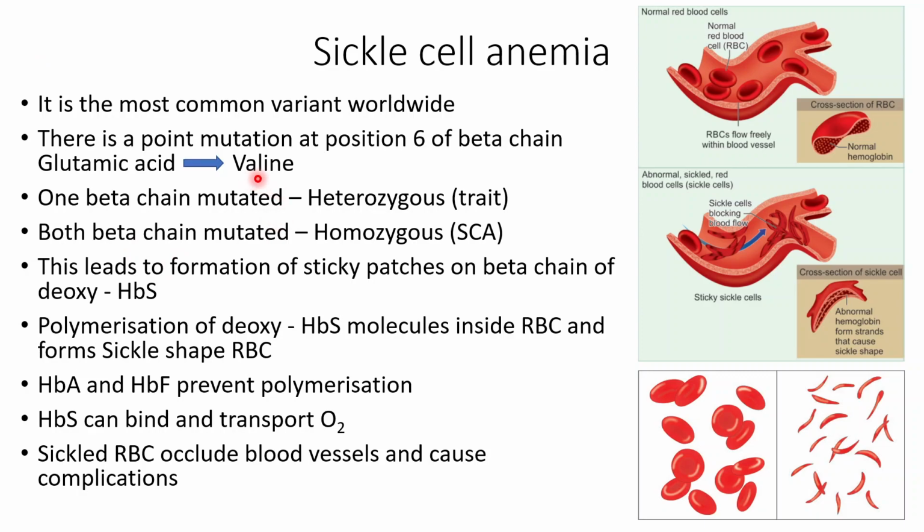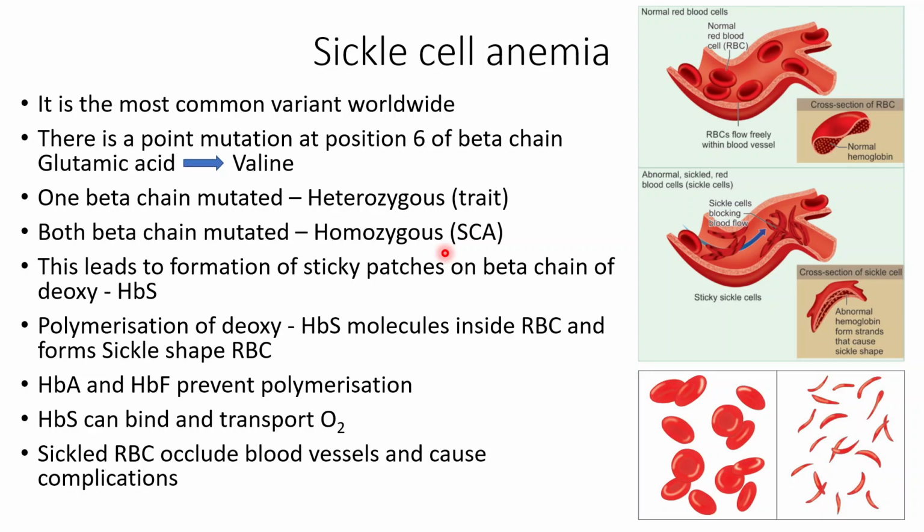So first we have to know what mutation is there. The mutation occurs at the beta globin chain. If the mutation occurs in one gene producing the beta globin chain, it is called a heterozygous condition. If both genes producing the beta globin chain are mutated, it is called a homozygous condition. Now what problem occurs?